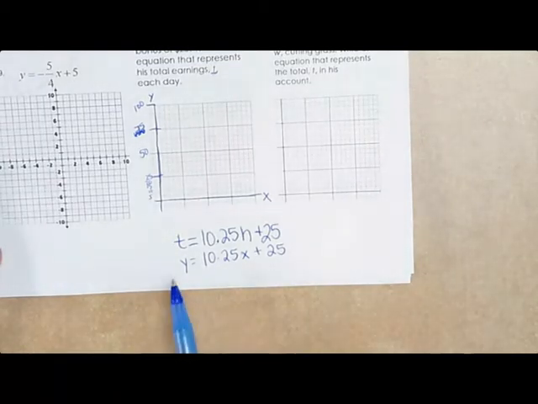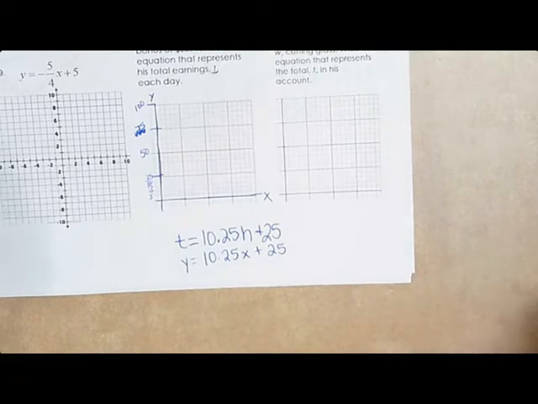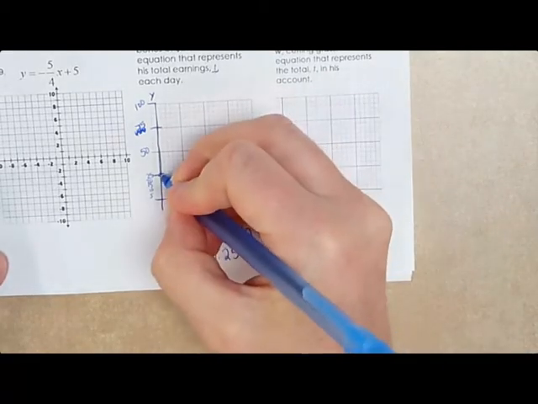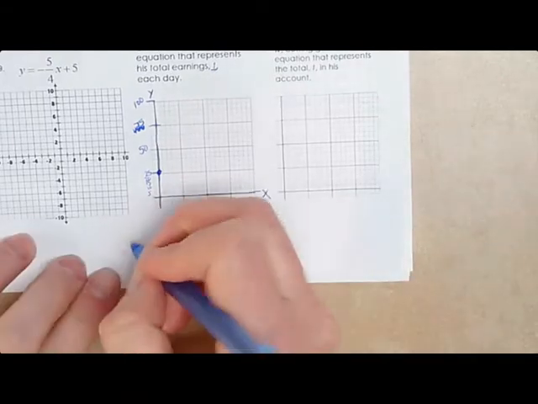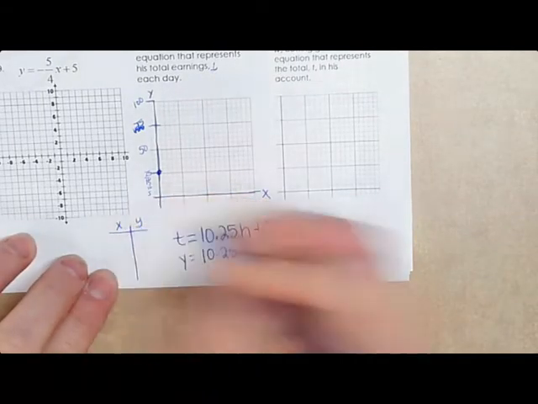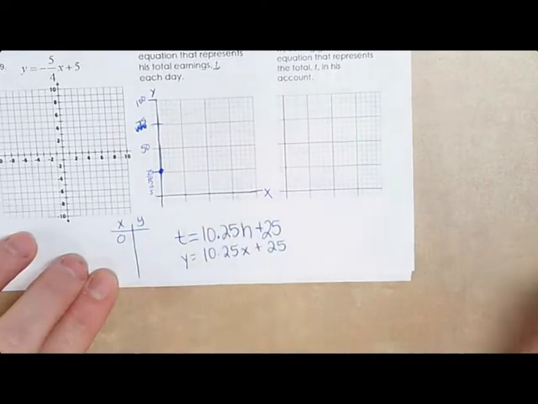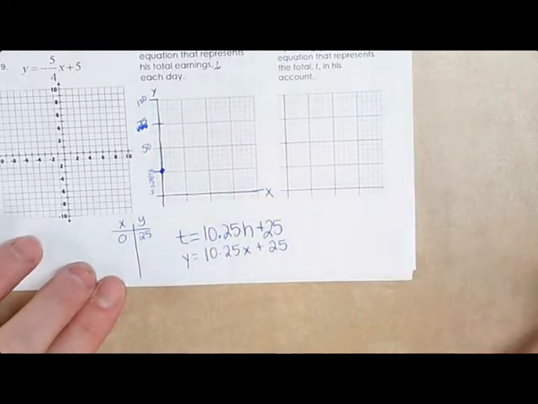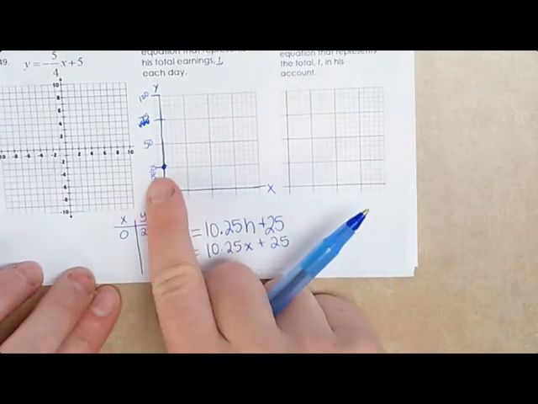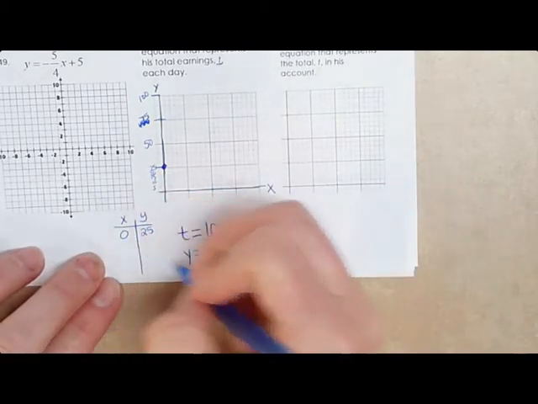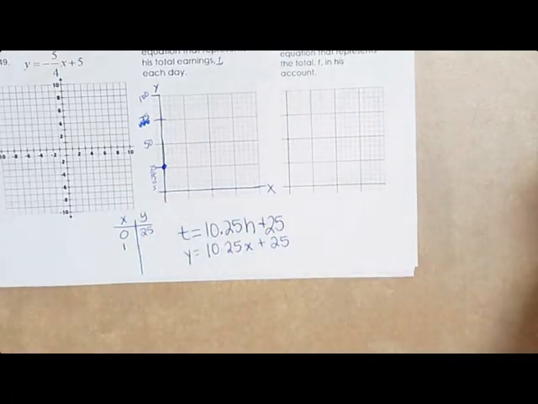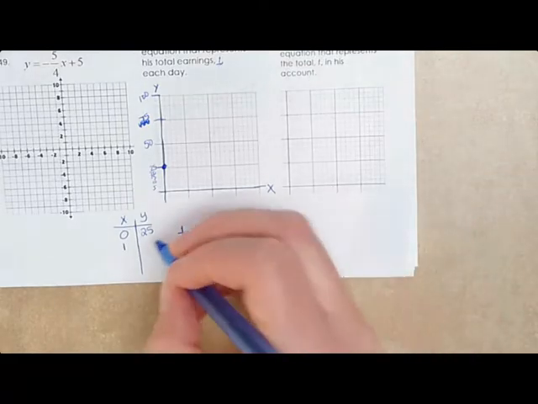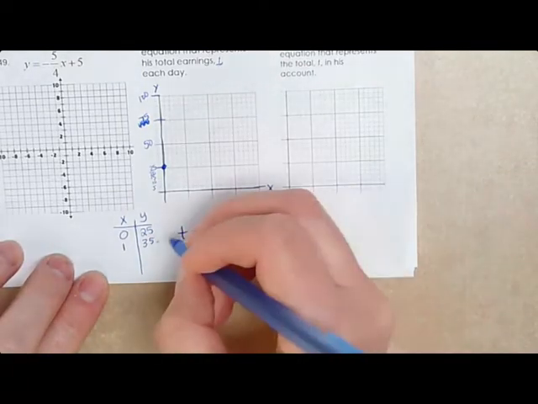Okay, so where would the line start? 25, because that's your y-intercept. And it'd go up by 10.25 per 1 hour. So if we were to make an XY table, so 0 hours would be $25. So that was that y-intercept. 1 hour would be 25 plus the 10.25. 35.25.